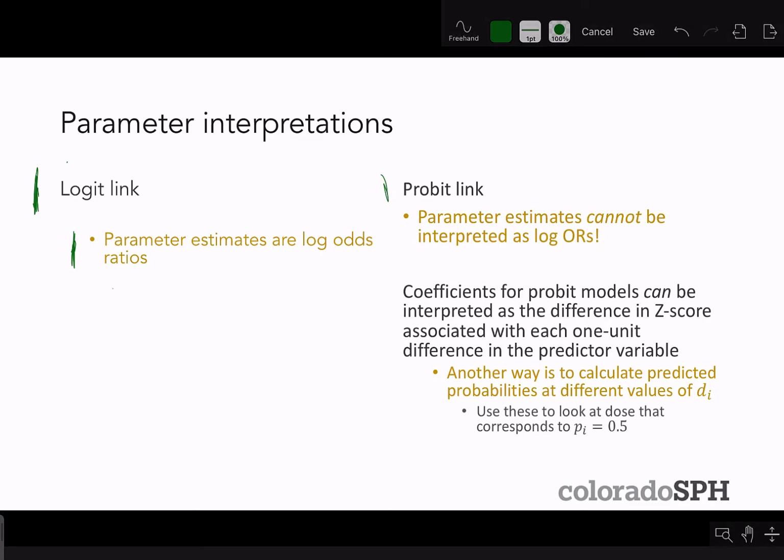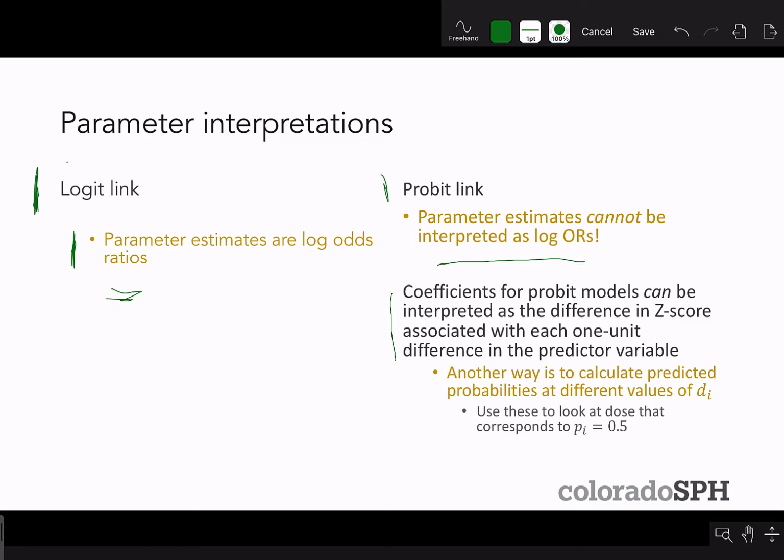So we would say that the log odds ratios are nicer for interpretation. You cannot interpret parameter estimates using the Probit link as log odds ratios. Rather, the coefficients for Probit models are the difference in z-scores associated with each 1 unit difference in the predictor variable.